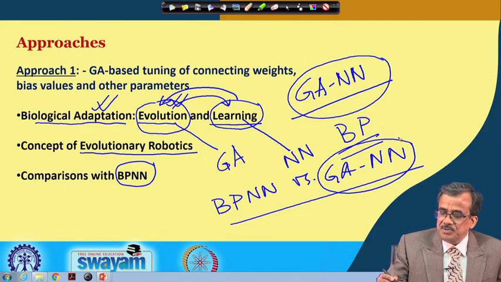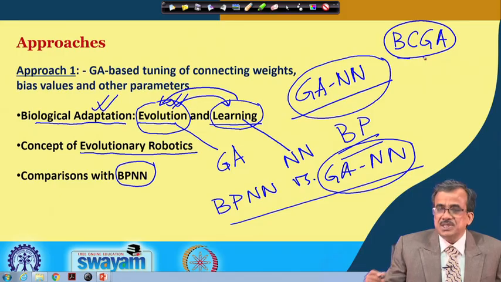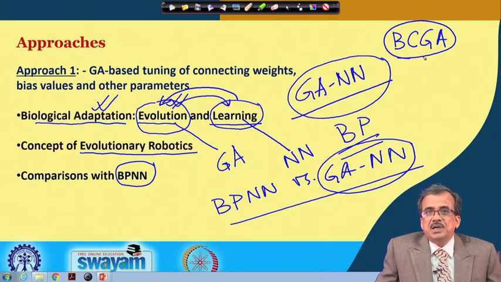The first version of genetic algorithm is the binary coded genetic algorithm, that is the BCGA. In BCGA, all the variables are represented with the help of binary, and binary is nothing but a combination of ones and zeros.